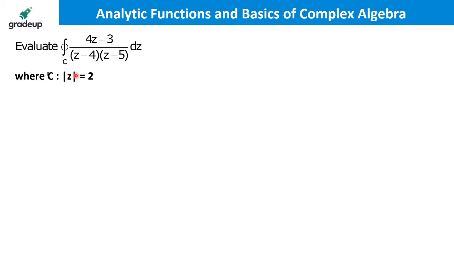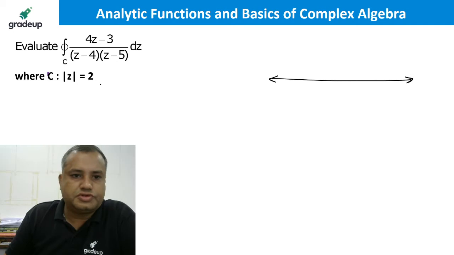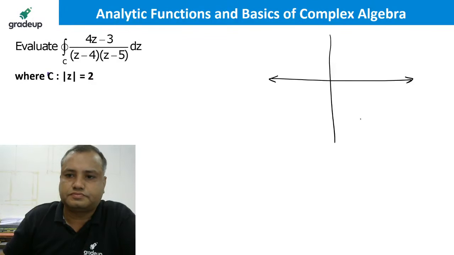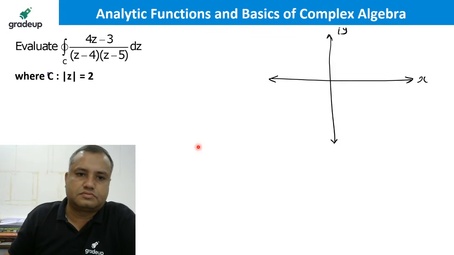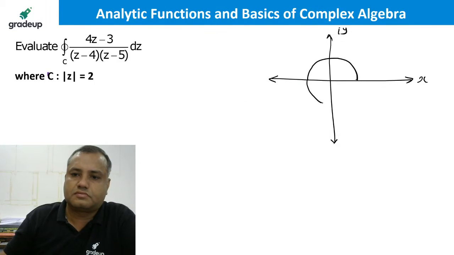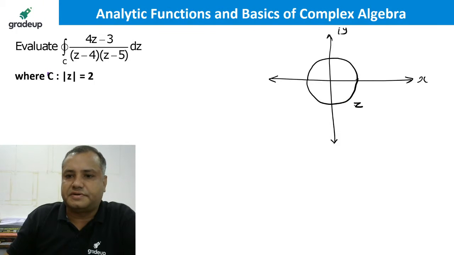So this is a circle whose center is at origin and radius equal to 2. This is your mod z.